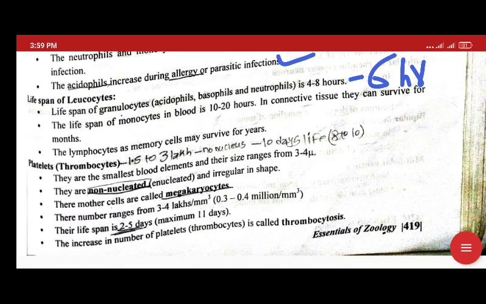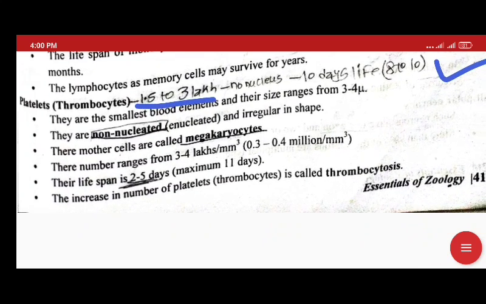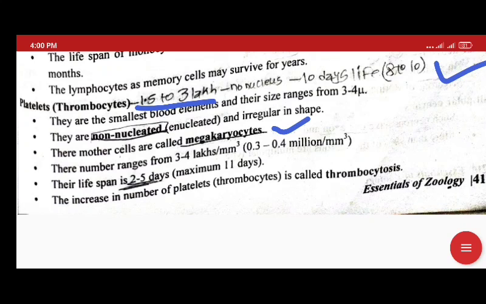Now the last formed element is platelets. Its normal count is 1.5 to 3 lakh, and it has no nucleus, like RBC. Its life is 10 days. It is formed from the megakaryocyte, and the formation is called thrombocytosis.